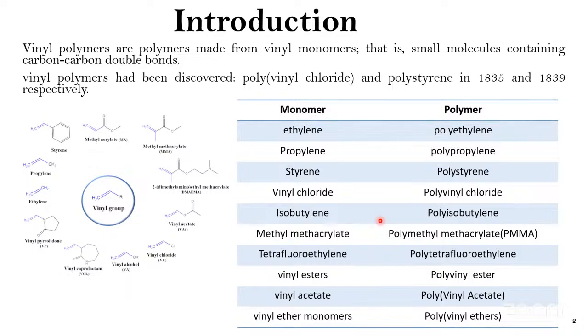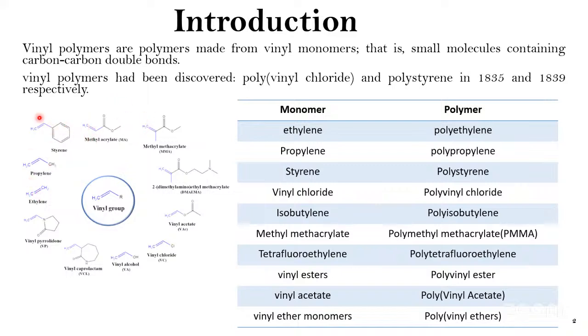Okay. But here we call it a vinyl group. In the polymers on the right side, polyethylene, polypropylene and all, all are vinyl polymers, because the monomer has this vinyl substituent.